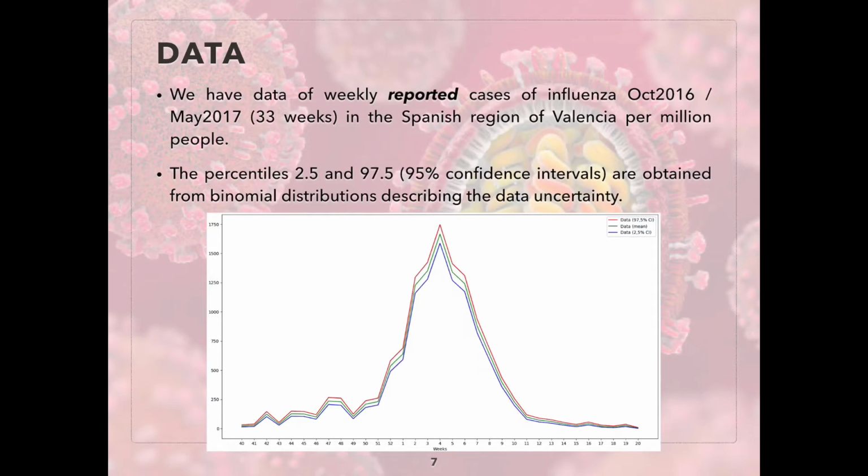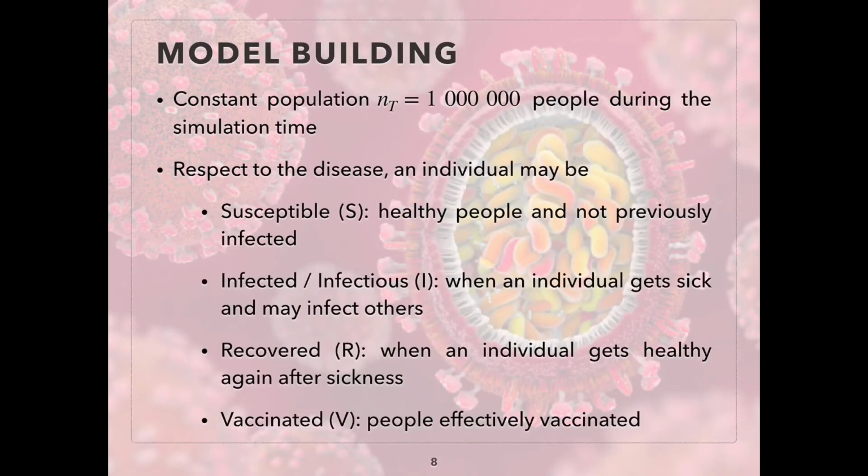The percentiles 2.5 and 97.5, that is the 95% confidence intervals, are obtained from binomial distributions describing the data uncertainty and taking into account that the means of these distributions are the data. We also consider a constant population of 1 million people during the simulation time.